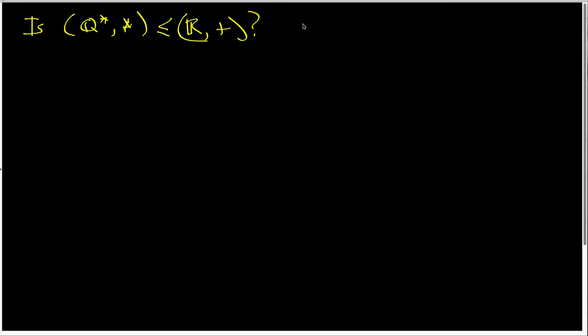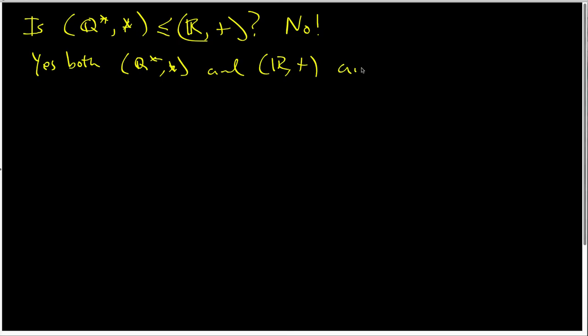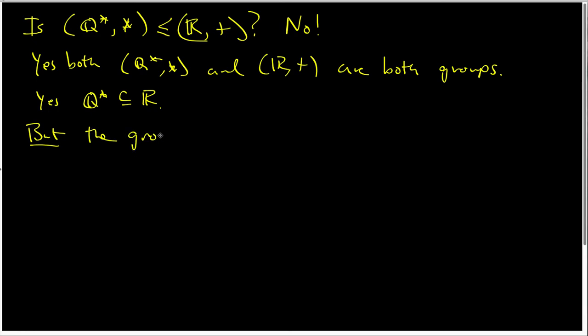Okay, well, the answer to this is no. And here's why. Yes, both of these things are groups. And yes, Q star is a subset of R, but the group operation is different.